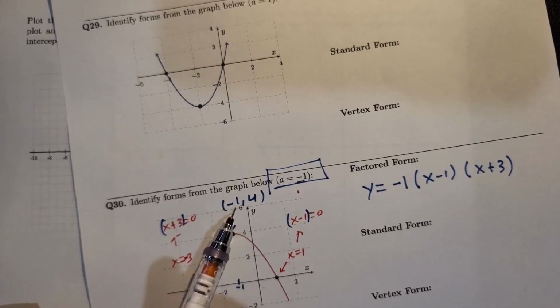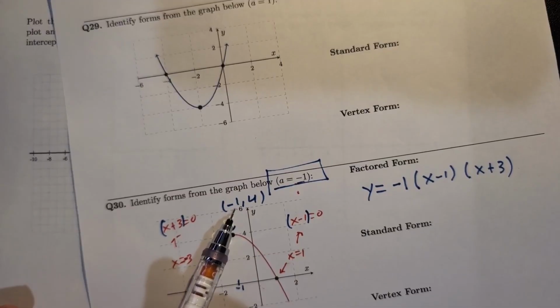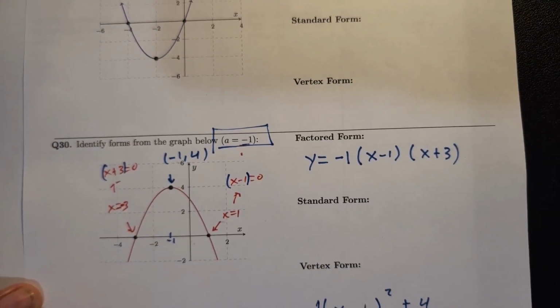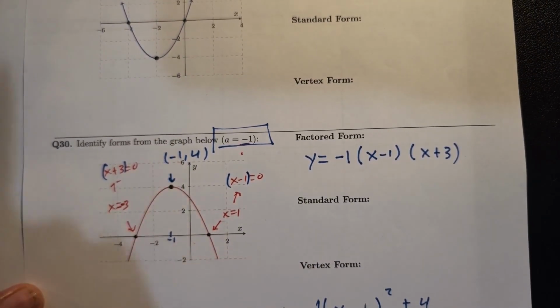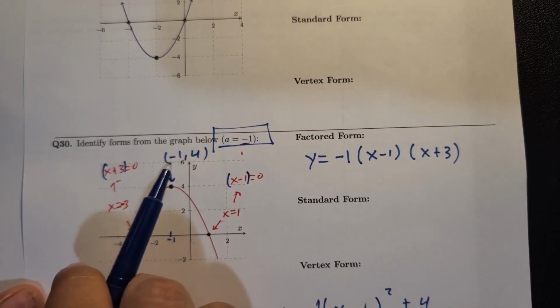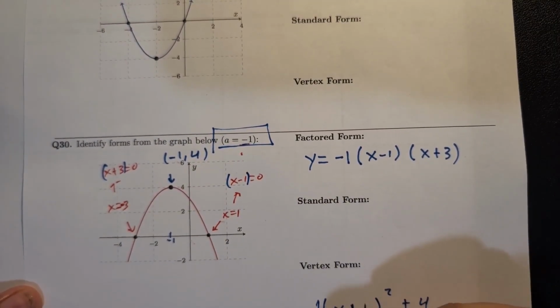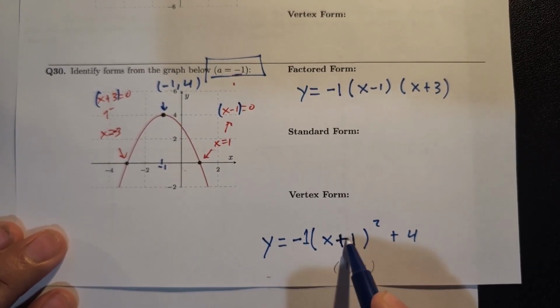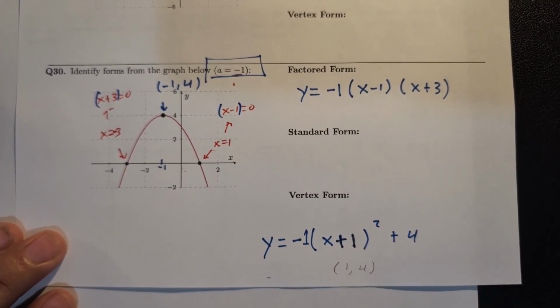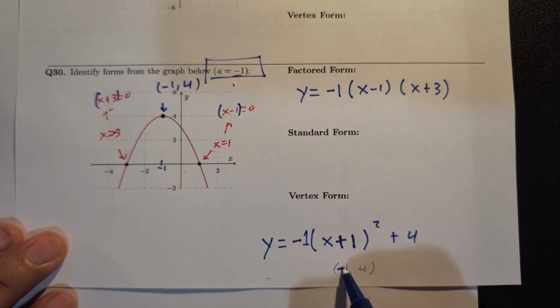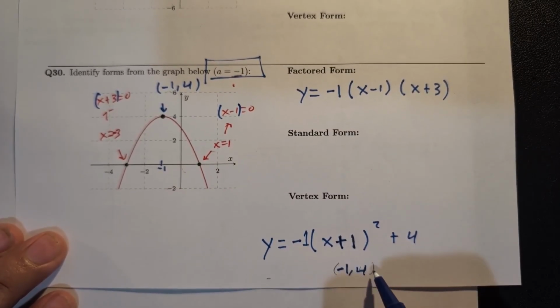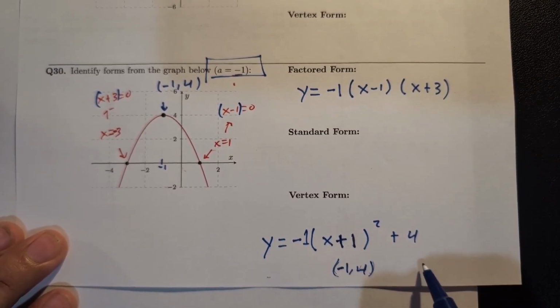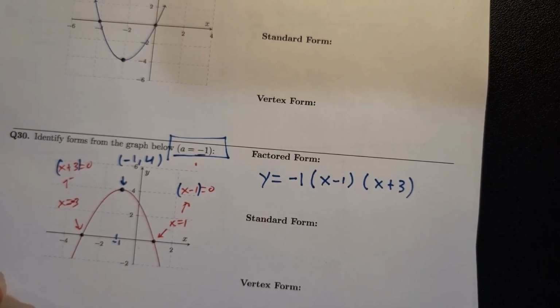That is not the same vertex as here. So again, when you write it into vertex form, do the opposite of that -1. That -1 should be a positive 1. That's going to make this a -1 for vertex, and that's what we have.